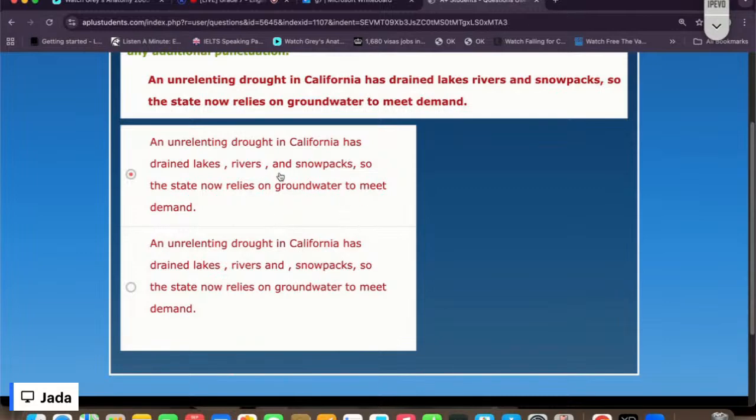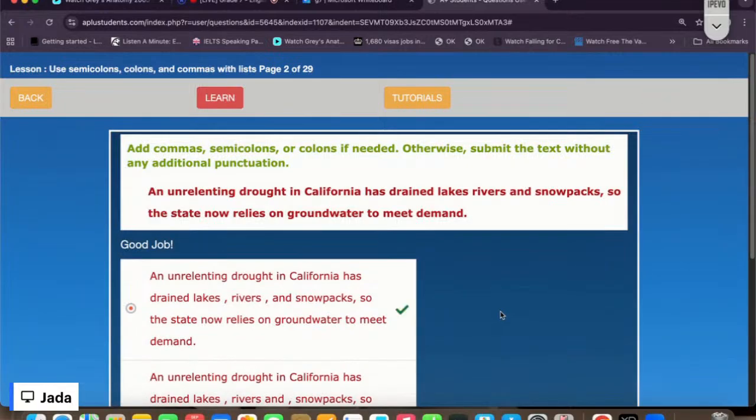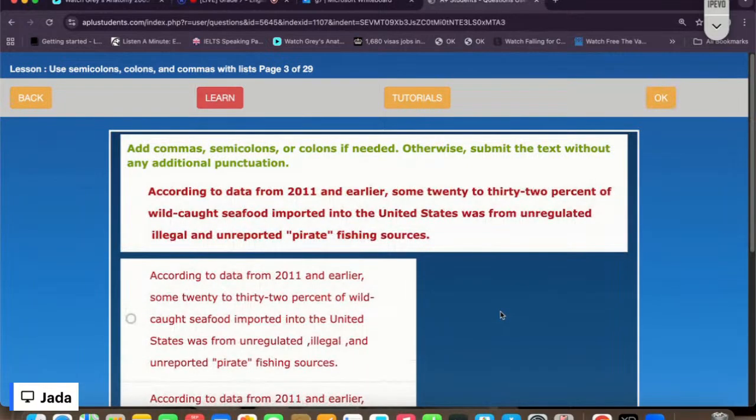So we have the first because we need to have a comma before the coordinating conjunction, okay? And it's a series, by the way.